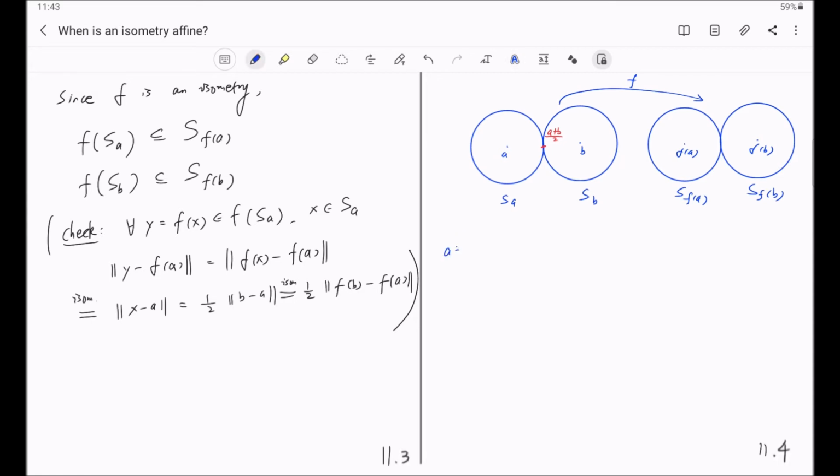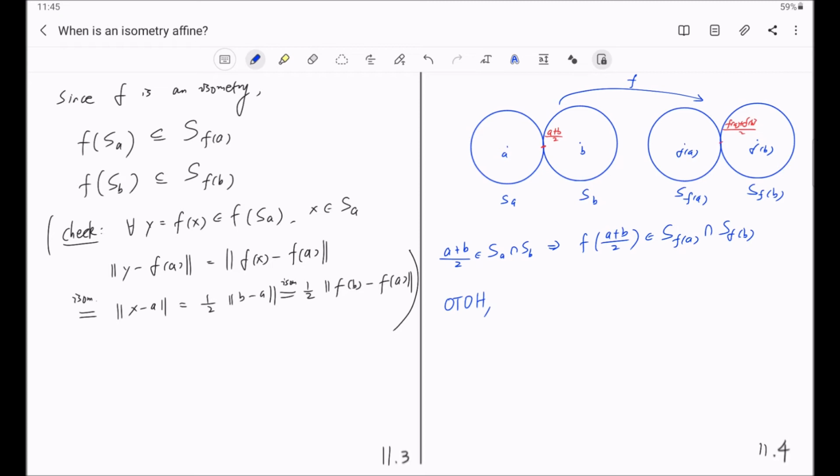So because (A plus B) divided by 2 is inside this intersection, we have f of (A plus B divided by 2) is inside S sub f(A) intersection S sub f(B).